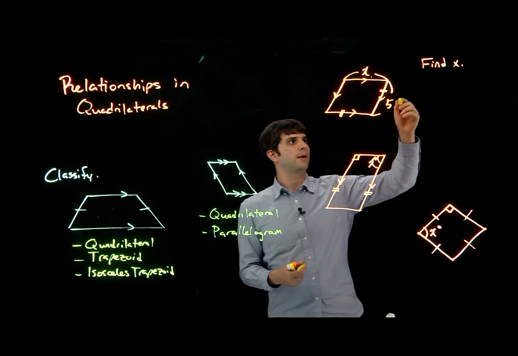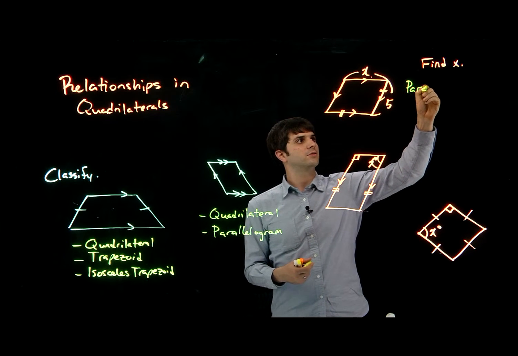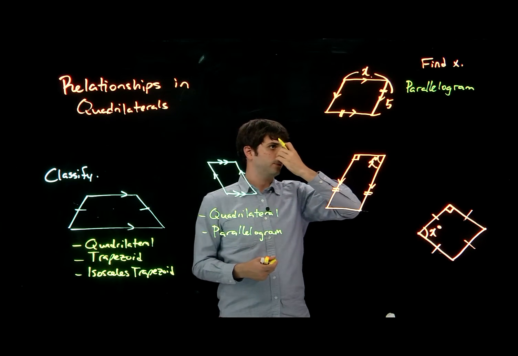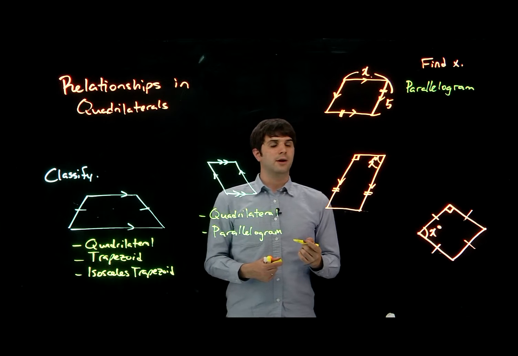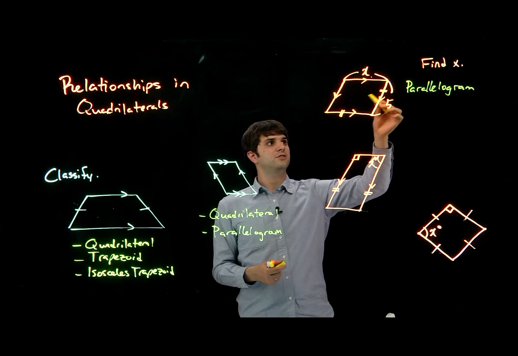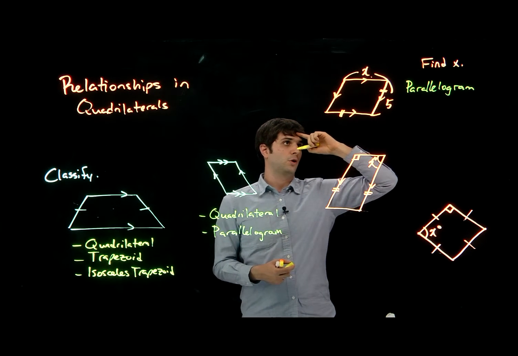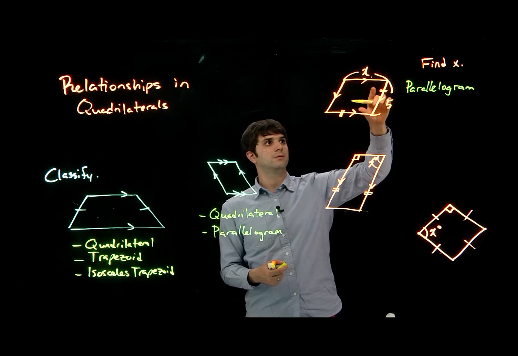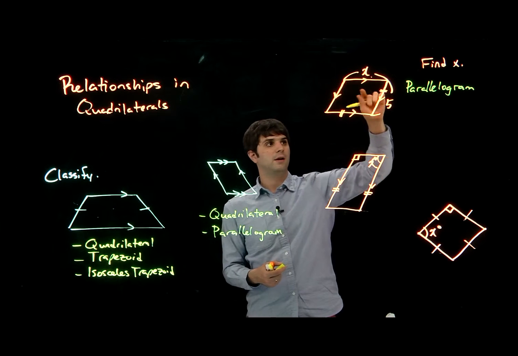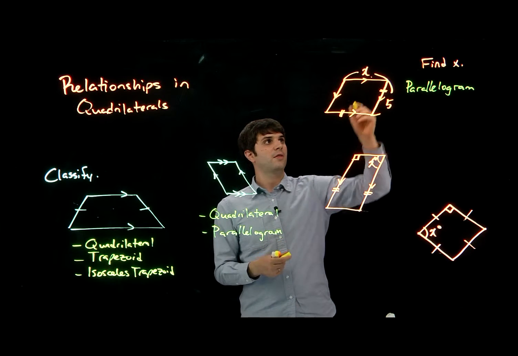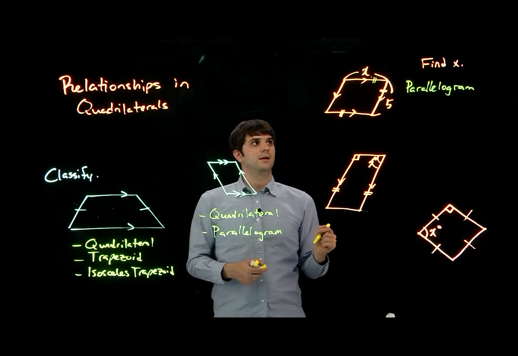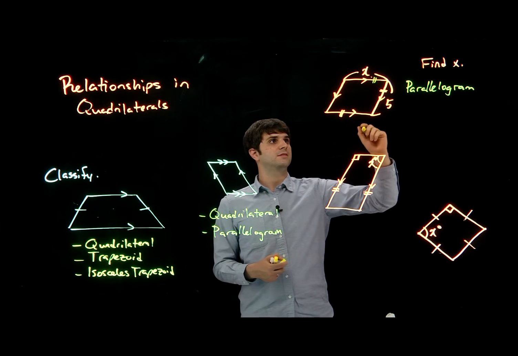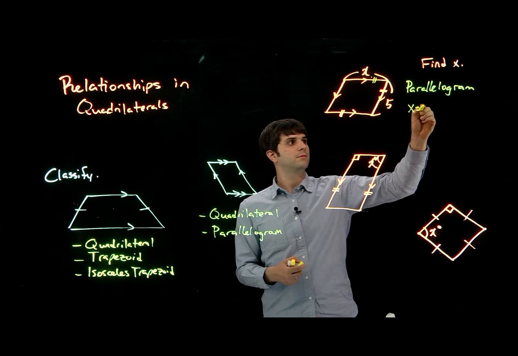So if this is a parallelogram, and these two sides are congruent and these two lines are parallel, we know that this side must also be congruent to this side. So what that means is that x is going to equal 5.